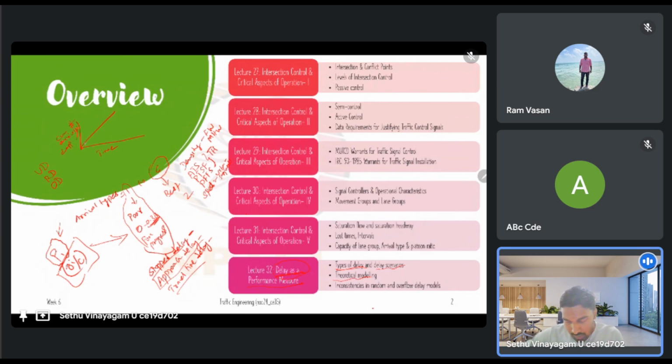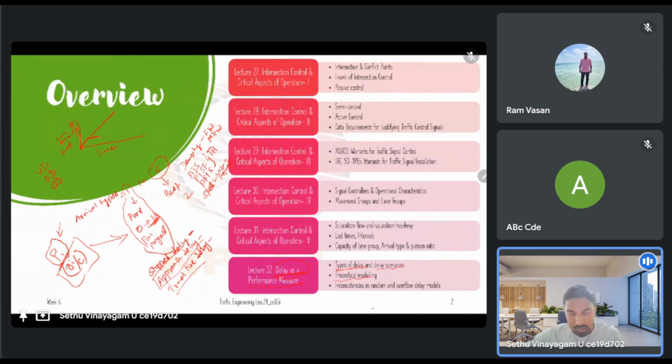So how will they be? Initially it varies, right? The rate of departure will depend on the signal. Vehicles cannot pass through this intersection all the time, so during the green phase only they can pass through, and during the red phase they have to be stopped. Assume that it starts at green. First, all the vehicles that are coming in will go out, and then once the signal turns red, the vehicles must stop.